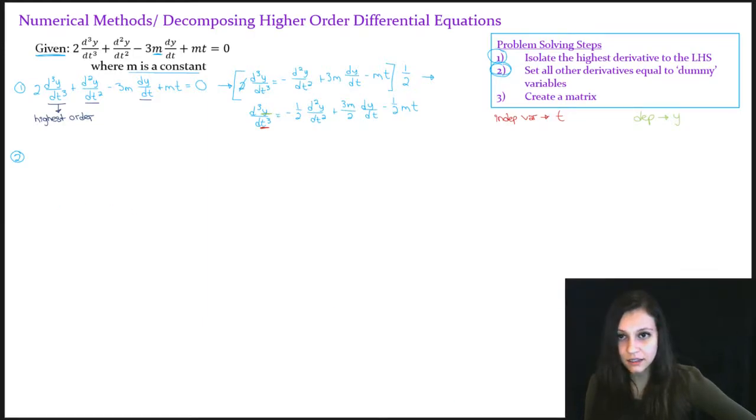So basically what we want to end up with eventually for step 2 is our highest order derivative, our third order, equal to some equation in terms of dummy variables.